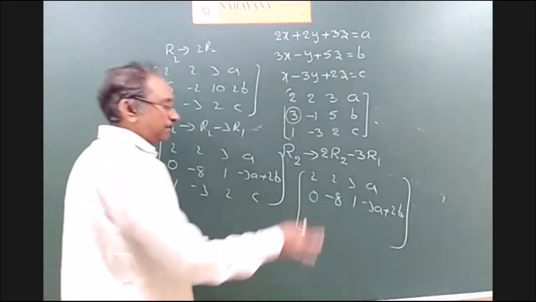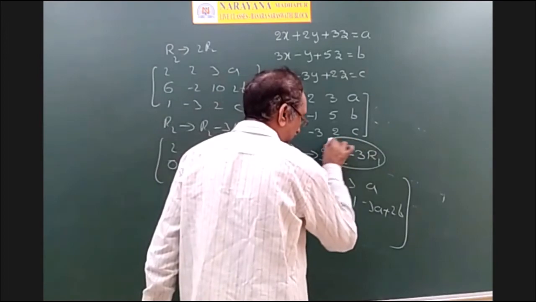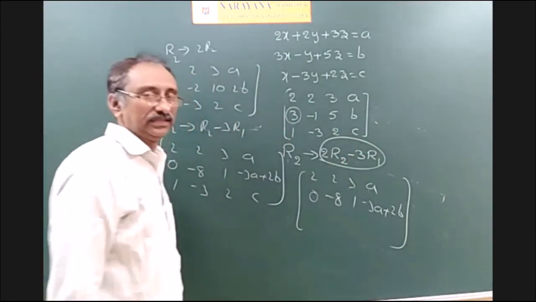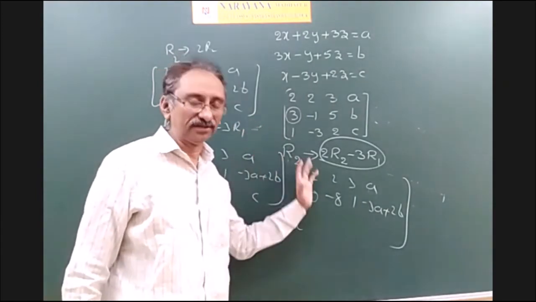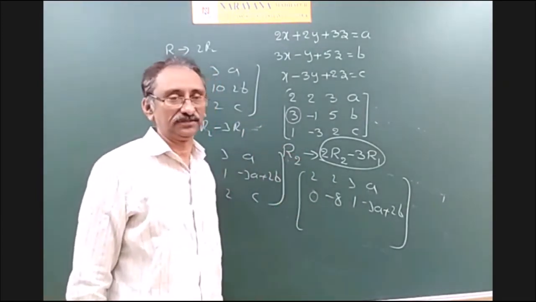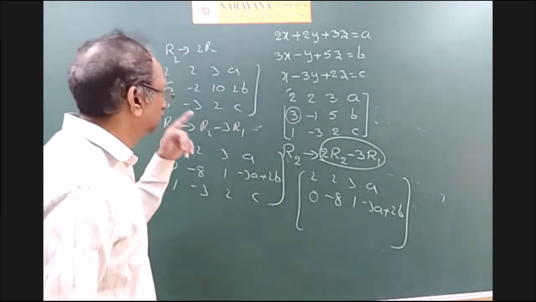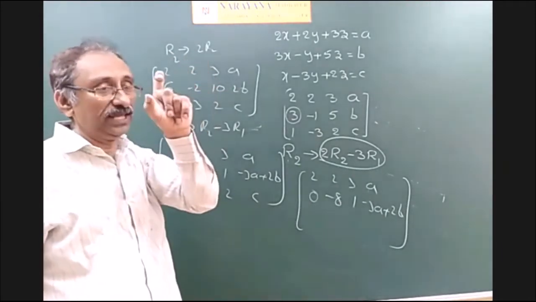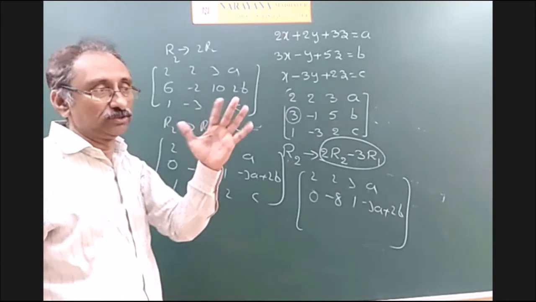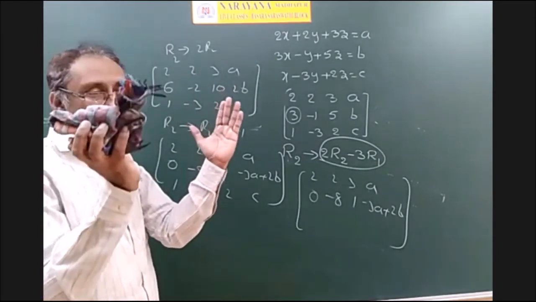So you can combine these two operations and write at a time like this. This you can do in matrices only, but not in determinants. Why not in determinants? Applying this operation means you are multiplying a row with a non-zero number, so you are multiplying the entire determinant.